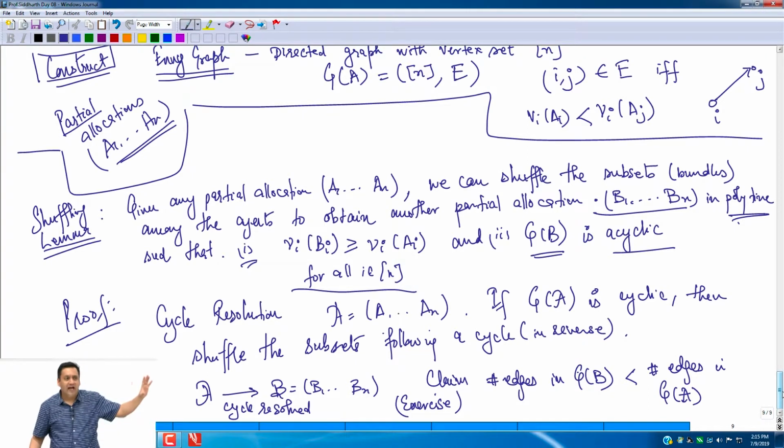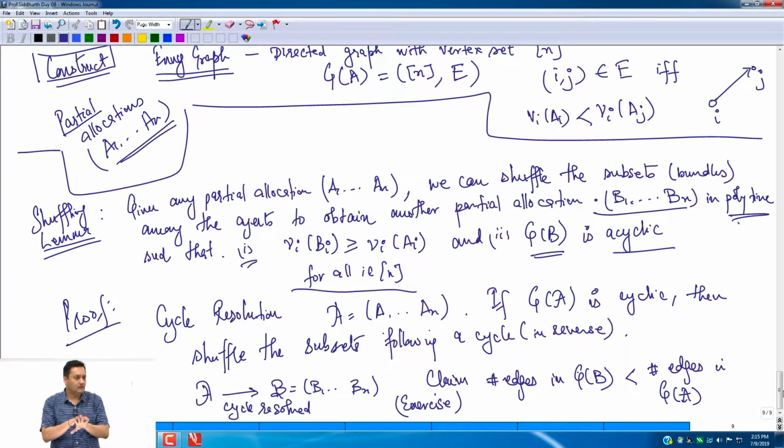So we had an idea. The idea worked when I had source vertices in the NV graph, and now in parallel I have proved to you that I can always make this NV graph acyclic. So this is almost without loss of generality. I can work with an allocation where the graph has no cycles.